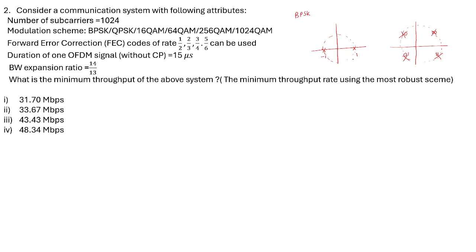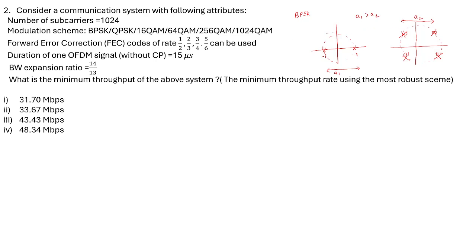So what is going to happen? This difference between two symbols is A1, and here the difference between those two adjacent symbols is A2. You can see clearly that A1 is greater than A2.